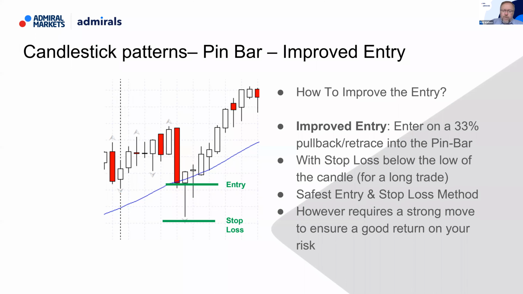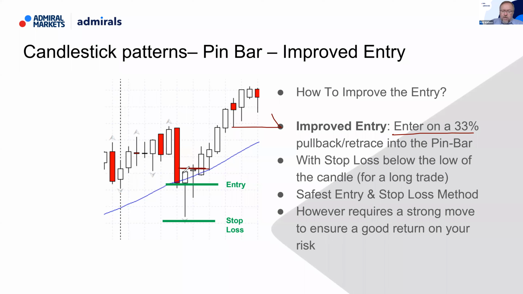But when we start to look at the improved entry, based upon what we covered a few slides before, instead of waiting for the price to break through the high, we're having an entry now, on let's say a daily, 4 hourly or weekly chart, that would allow you to place a suitable order on the system.